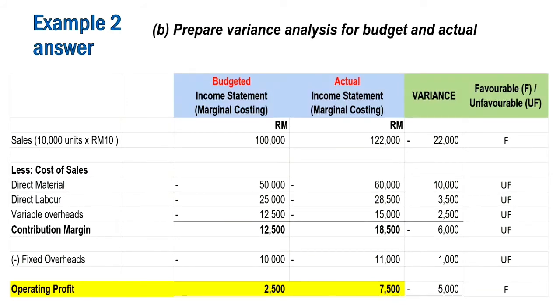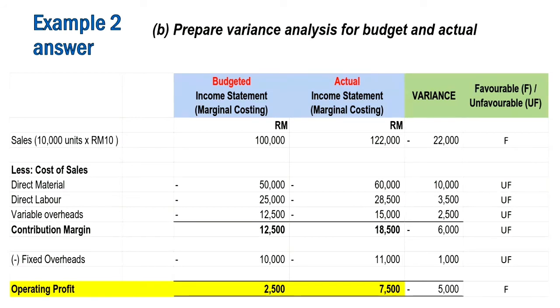Cost of budgeted is lower than actual, so it is unfavorable. Because in reality, we must keep our cost as low as possible. Especially when we compare with budget, it should be lower than or the same as what we budgeted. Okay, so it is unfavorable.